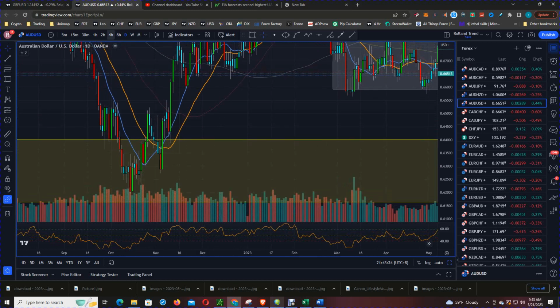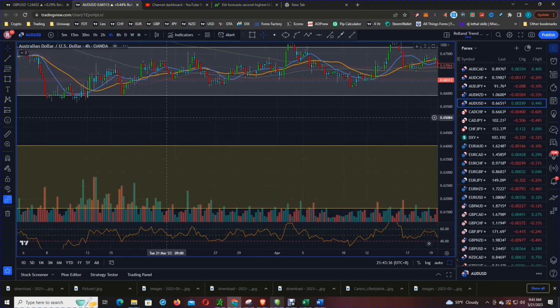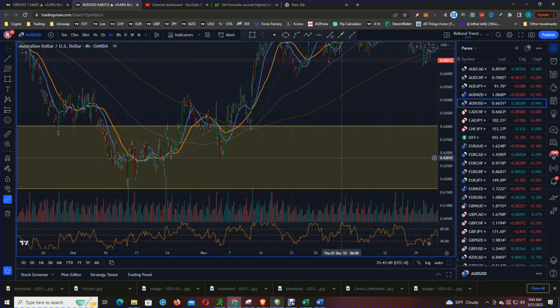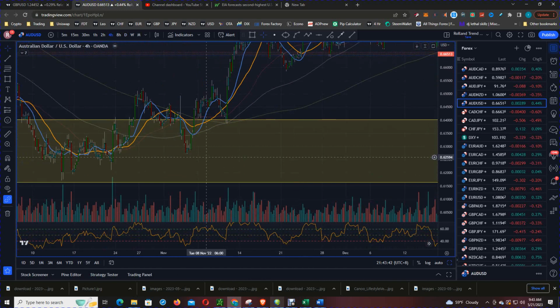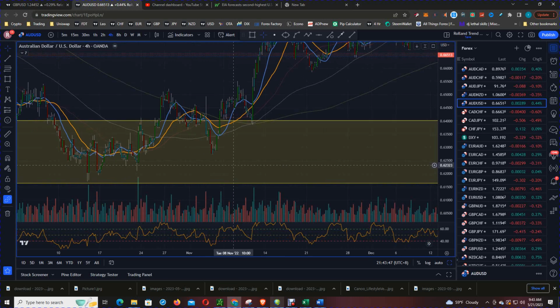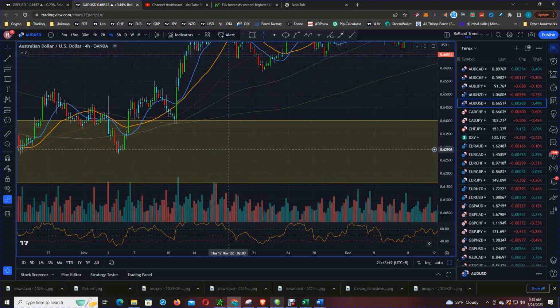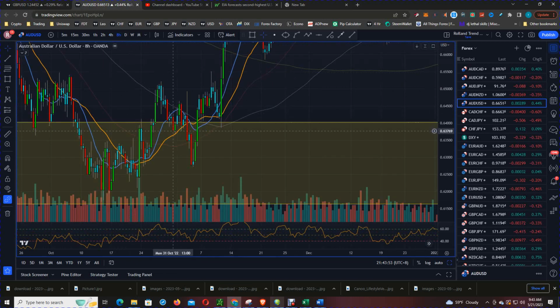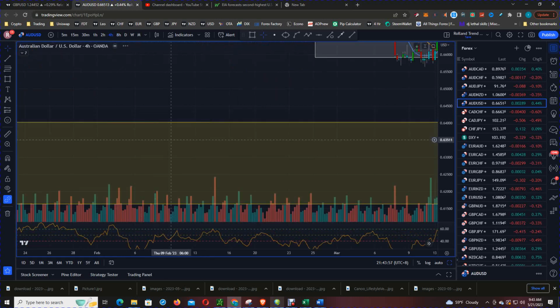Don't really see anything on the daily chart. Let's see if we see anything on the 4-hour chart. All right, this is the level that I want to look at on the 4-hour chart.